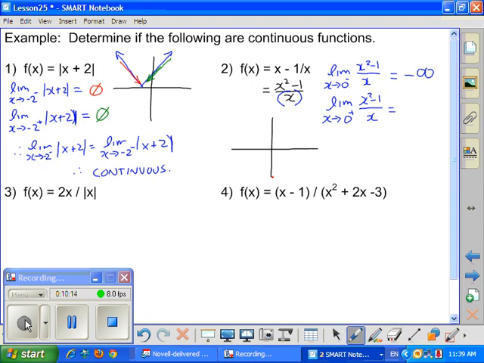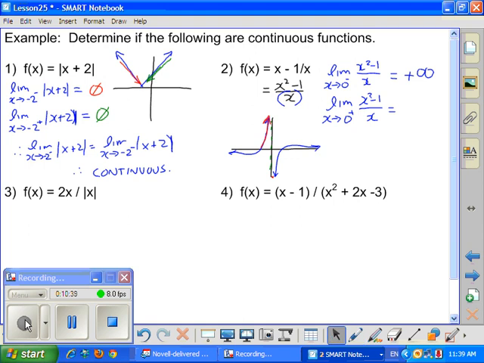So the asymptote is at 0. So it must go like this and go like this. All right, so it does change my answer a little bit, because now as I approach from the negative side, it looks like it's heading to positive infinity. So what happens when you have a bad sketch? Got to be careful with that.